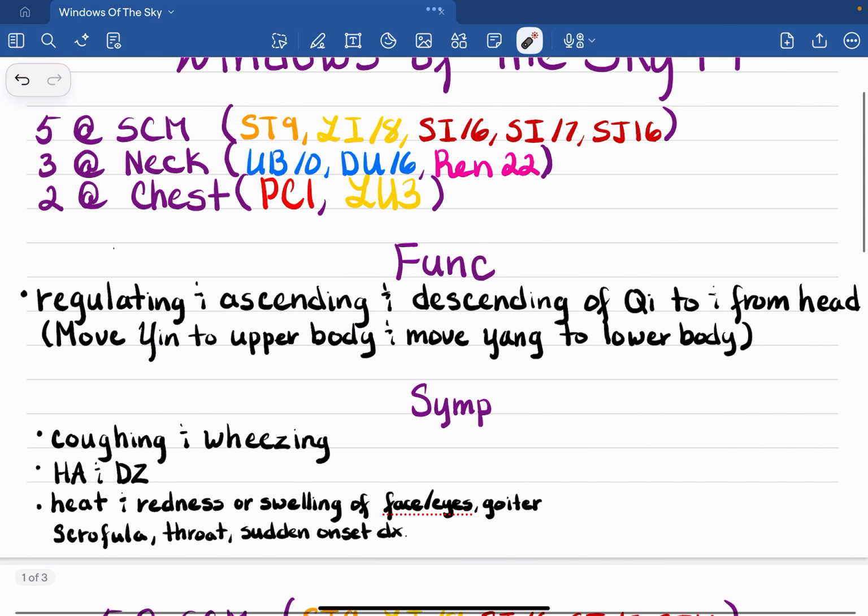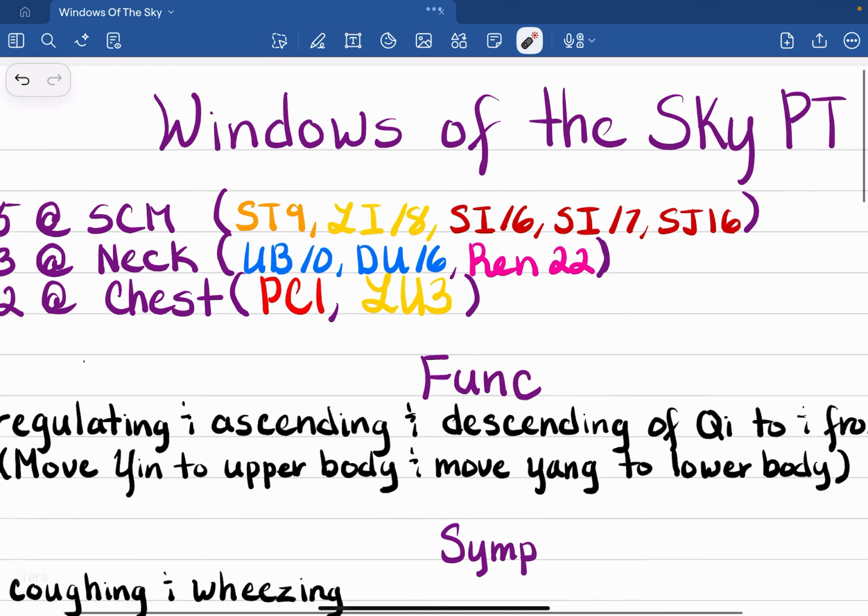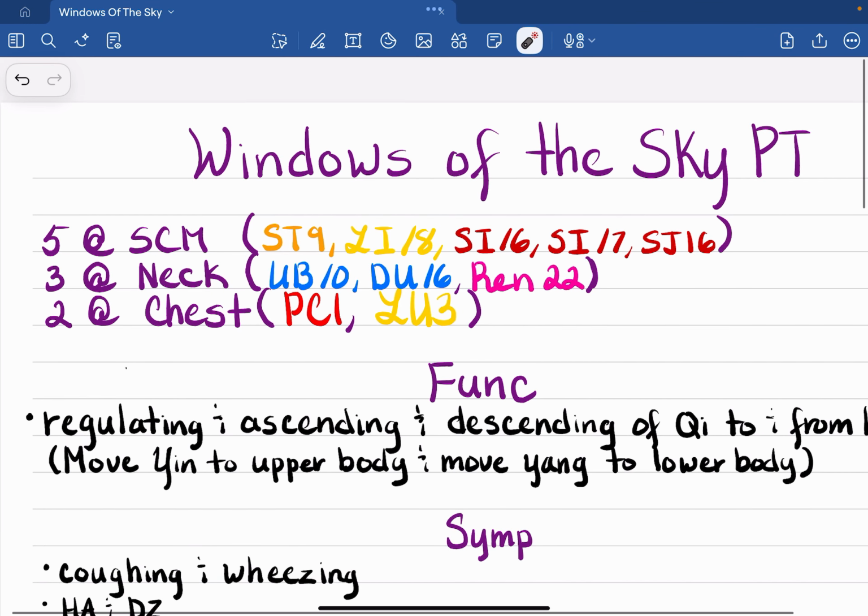And then we have 2 points in the chest. So there's PC1 and lung 3. PC1, as we know, pretty much starts around the chest area, but it's under the, as we know, the location is usually one soon lateral to the nipple, right?